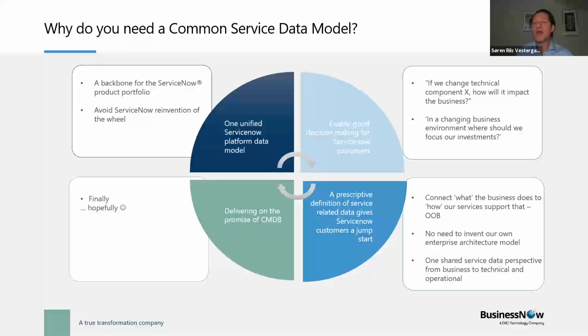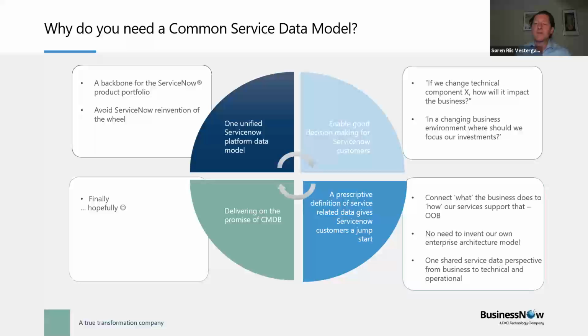Or from a top-down perspective, if we change the business environment somehow and things change, where should we focus our investments?